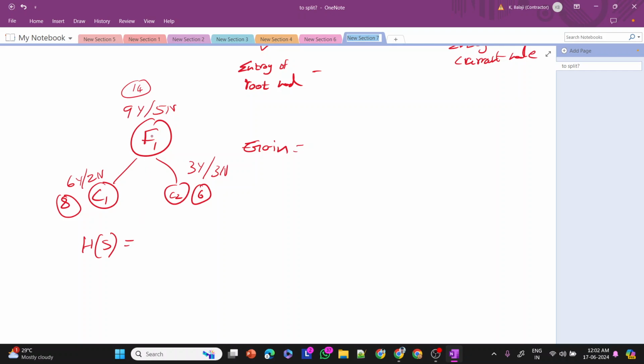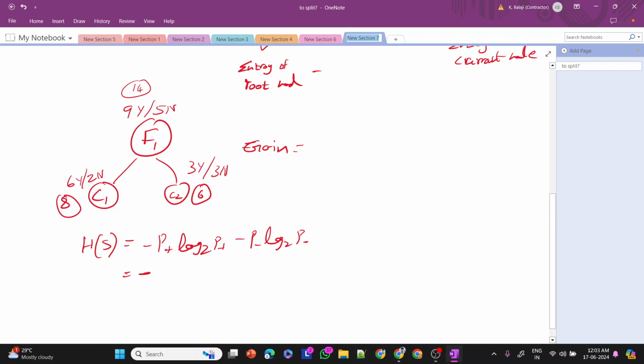This was the root node, so we need to find the entropy of this node, and the formula is minus p plus log 2 p plus, minus p minus log 2 p minus.